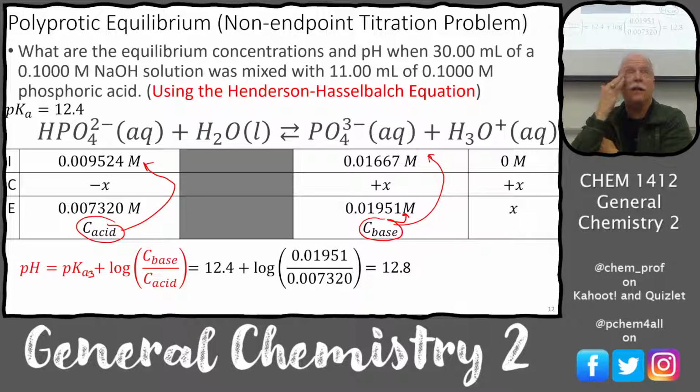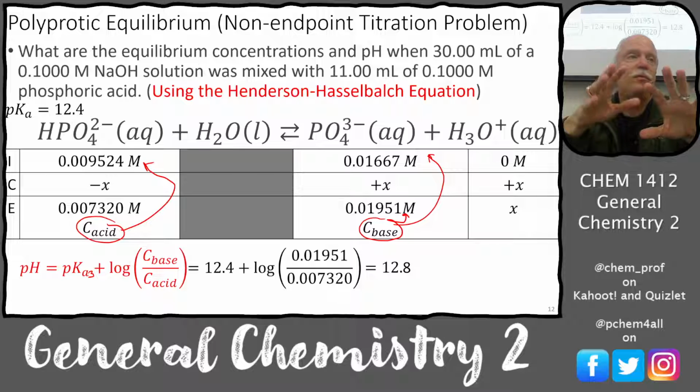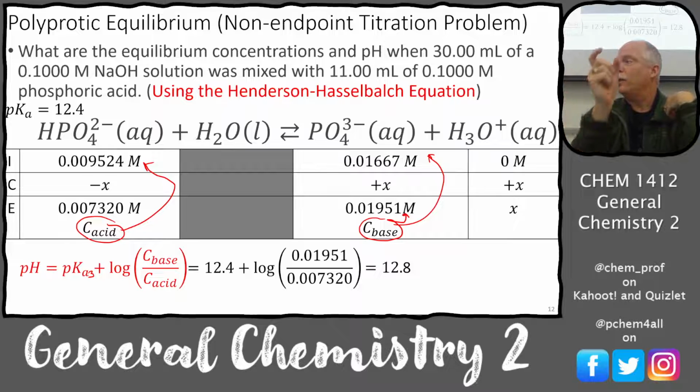So if we had, say, 1.5 times a ratio of base to acid, the one would titrate all of the first protons off, and then the half would be titrating the second protons off. So I'd be working on the second proton equilibrium.